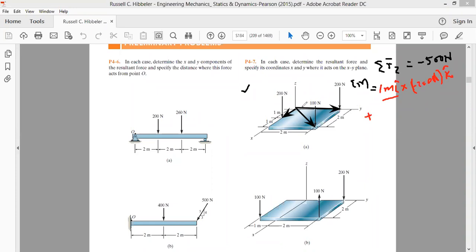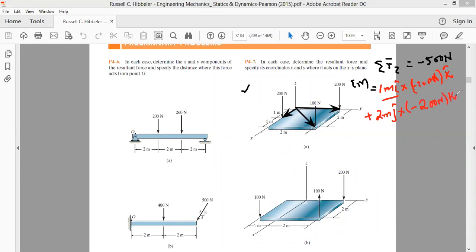This is R, again the distance from here to here. Radius vector is 2 meter J cap cross the force. As far as the force is concerned, the force is downwards. That will be minus 200 Newton K cap.